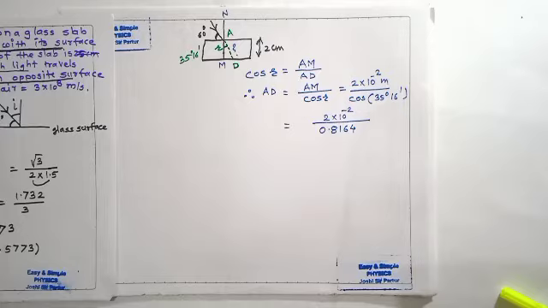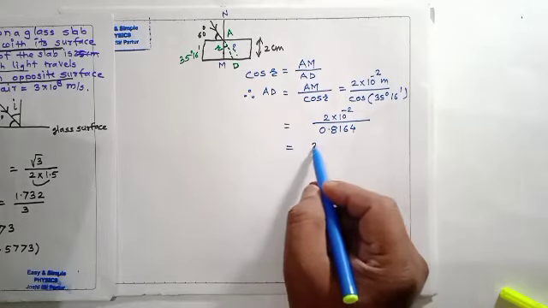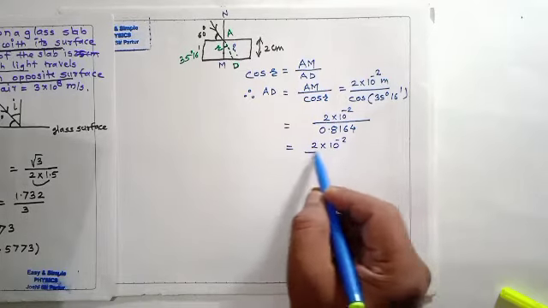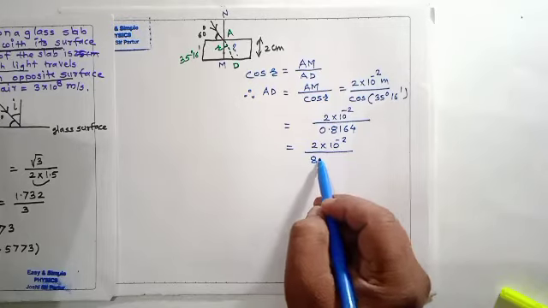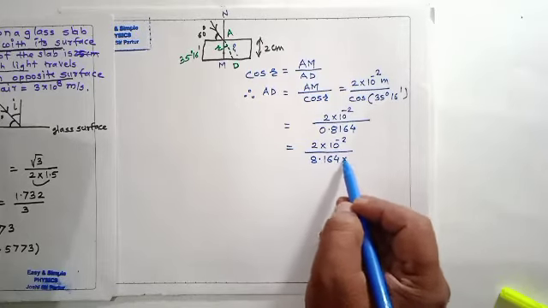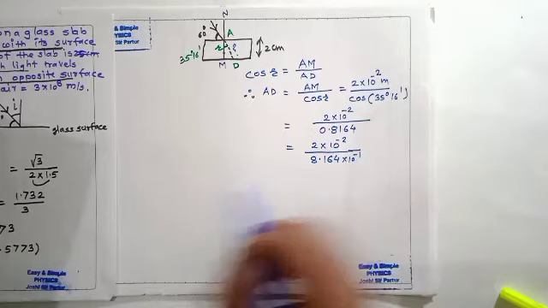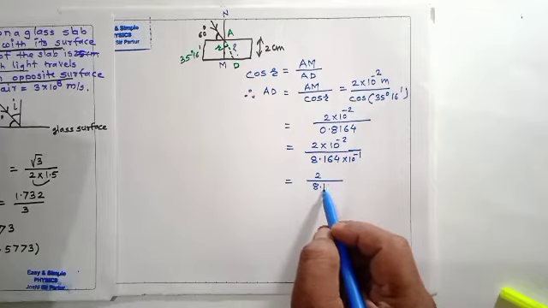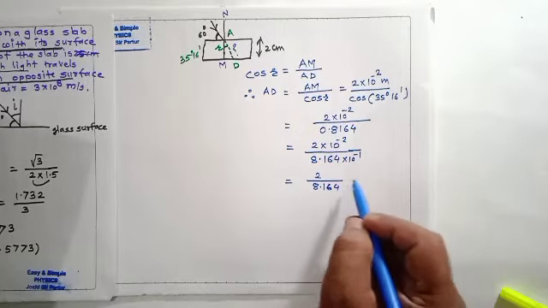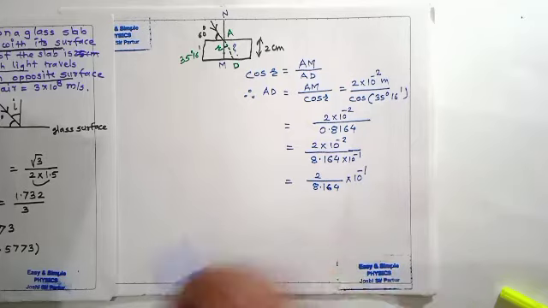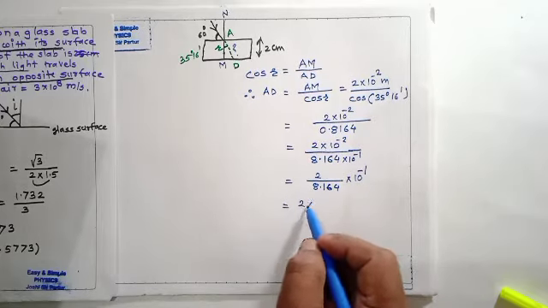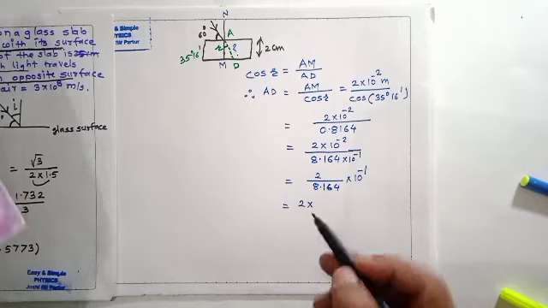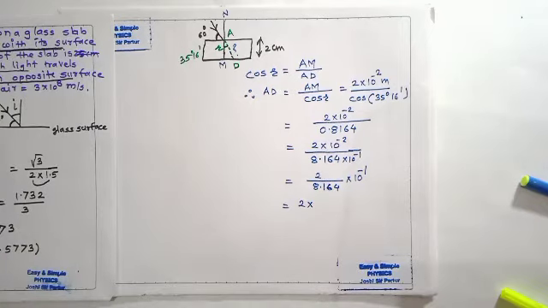If we take the reciprocal of 0.8164, for this reciprocal we can find it by shifting the decimal point, 8.164 into 10 to the power minus 1. So it will be 2 upon 8.164 into 10 to the power minus 1. Here 2 is multiplied by the reciprocal of 8.164.